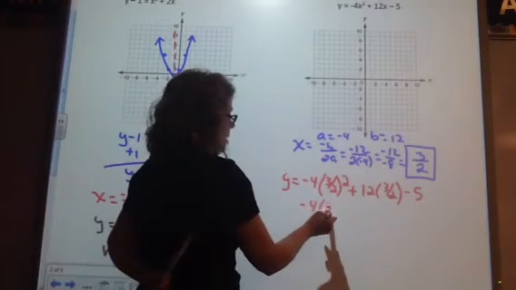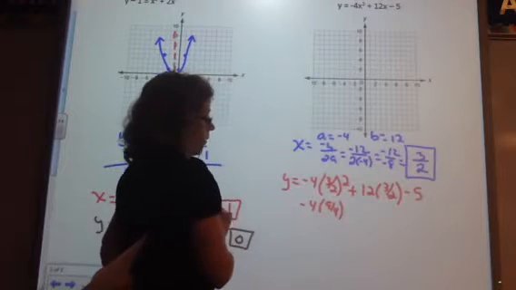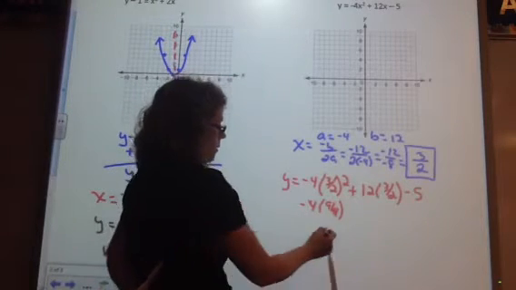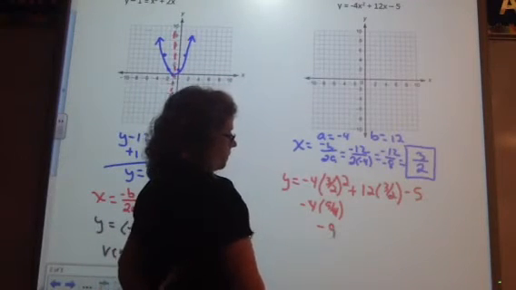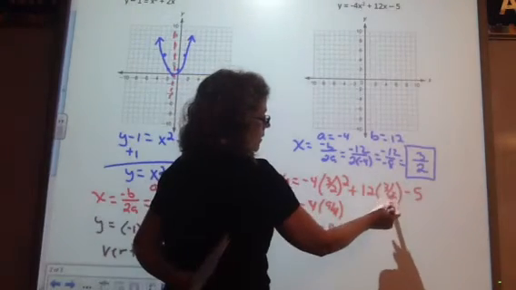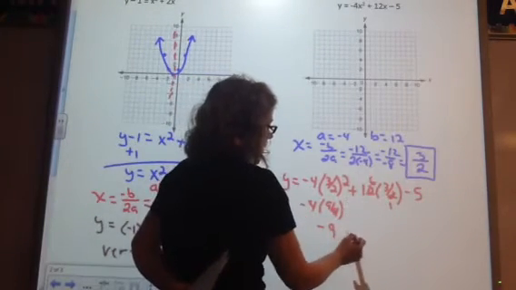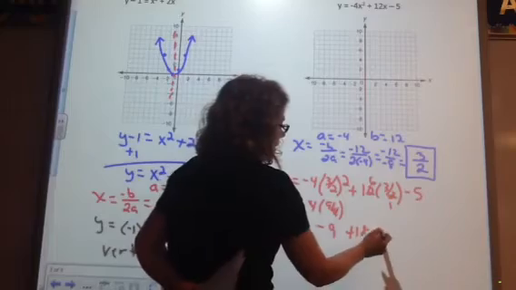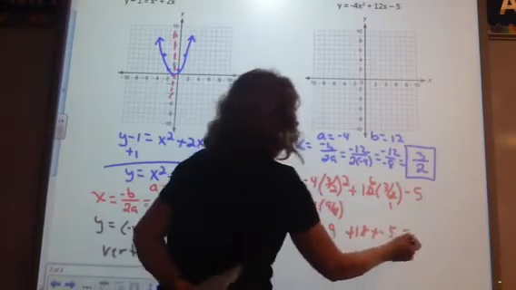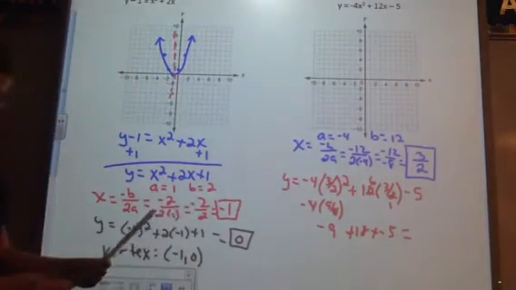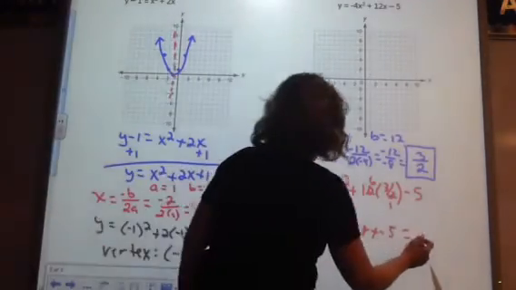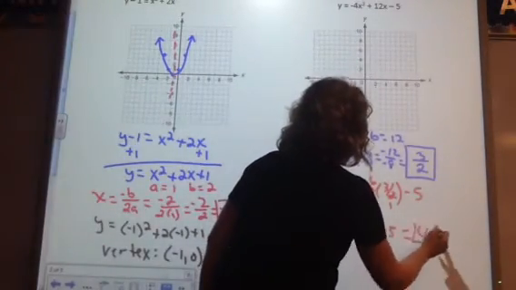So -4 times 9 over 4, cancel out your 4s, so I get a -9. Let's cross simplify. So I get an 18, and then bring down my -5. So my y-coordinate is going to be a positive 4.